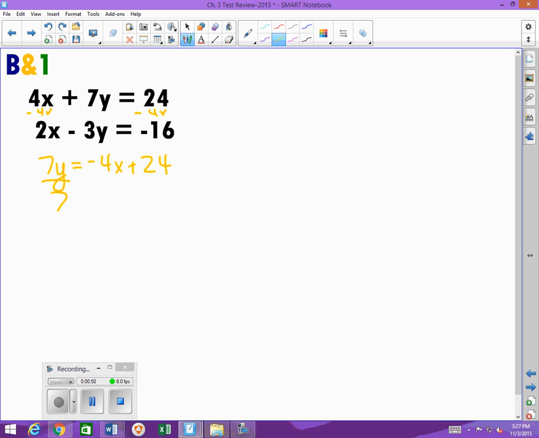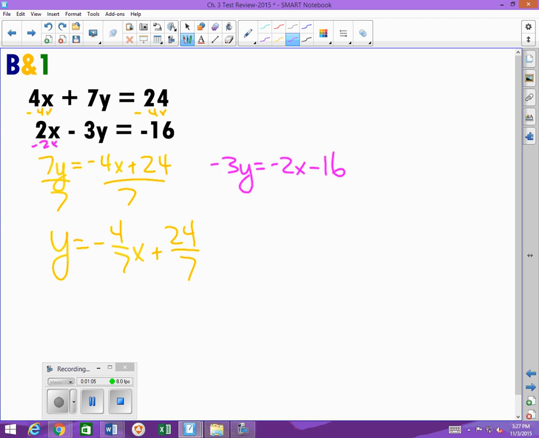And then divide by 7 to get y is equal to a negative 4/7 x plus 24 over 7. And then with this other one, subtract 2x to get a negative 3y equals negative 2x minus 16. Divide by negative 3, and y is equal to 2/3 x plus 16/3.